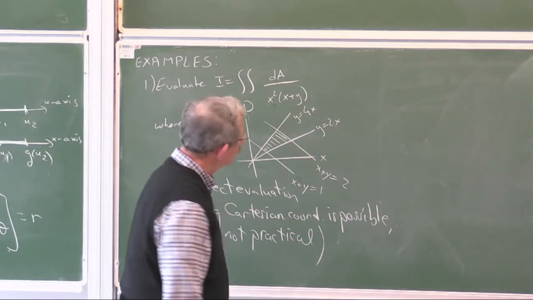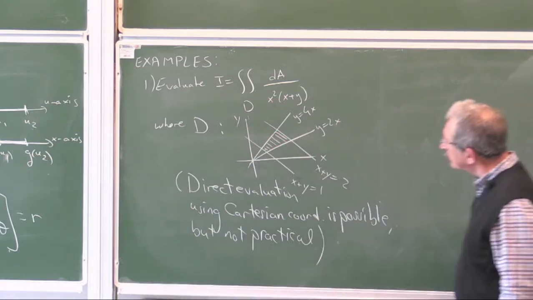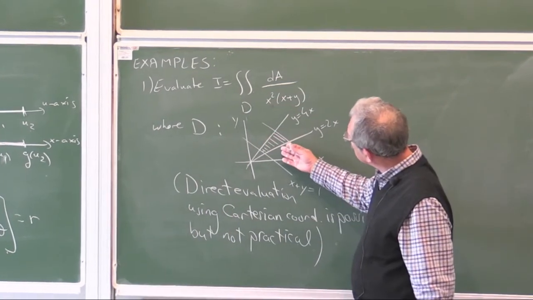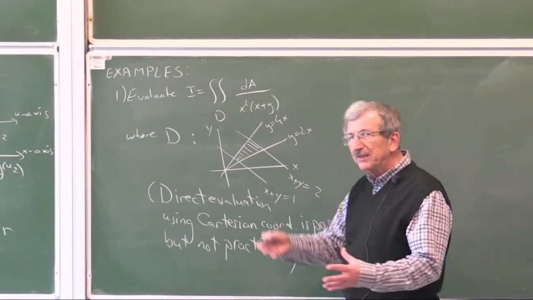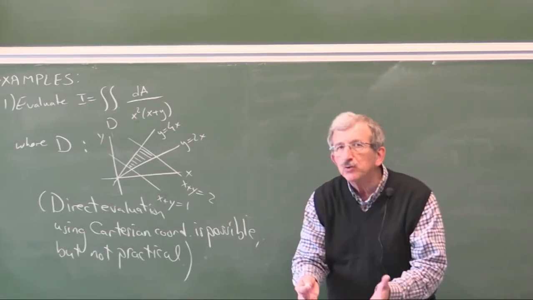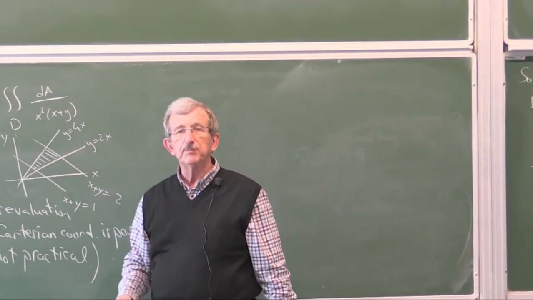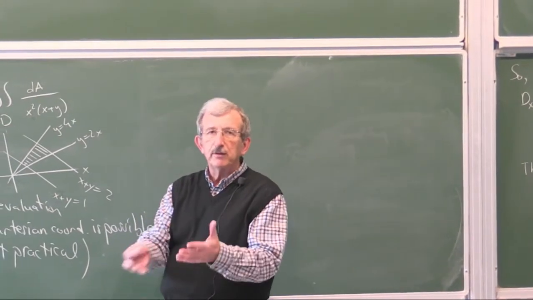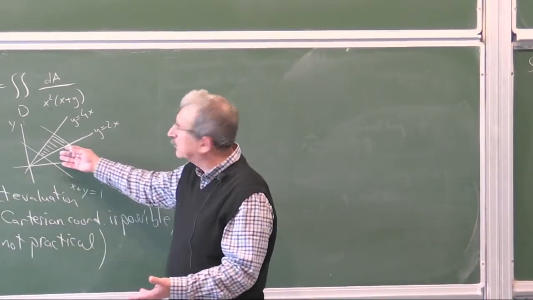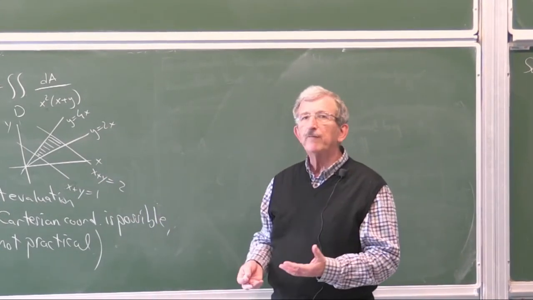So what do we want to do? Well, we concentrate on D. Of course, it means the curves bounding D, because when we transform these 4 curves, the inside part will be the inside part, and so it will be transferred into the new variable system. So what is our new variable system?